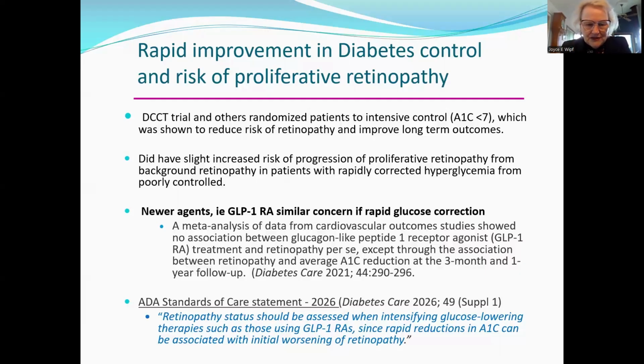So the ADA standards of care, the latest statement in 2026, say that retinopathy status should be assessed when intensifying glucose-lowering therapies, such as those using GLP-1 receptor agonists, since rapid reductions in A1C can be associated with initial worsening of retinopathy. So I think because those drugs are being used more and more, that is an important consideration.